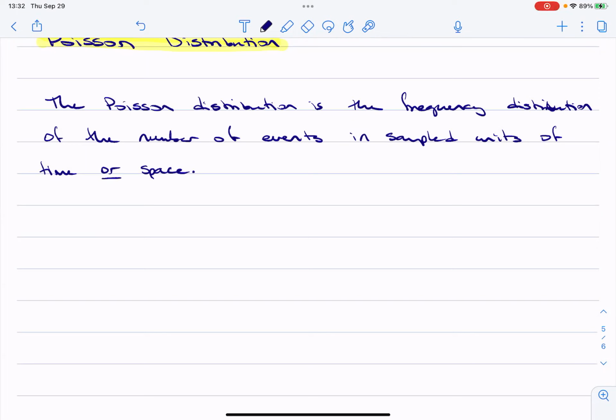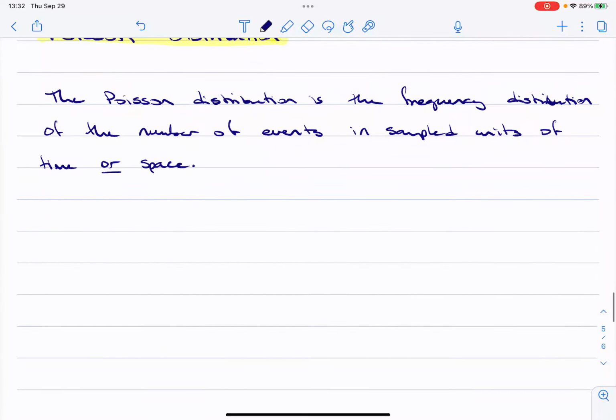What we need for the Poisson is the lambda, right? The rate that these things happen.